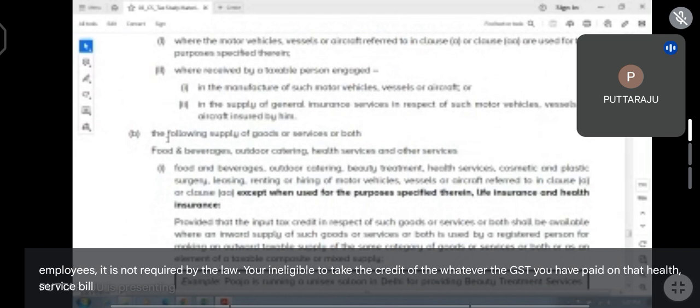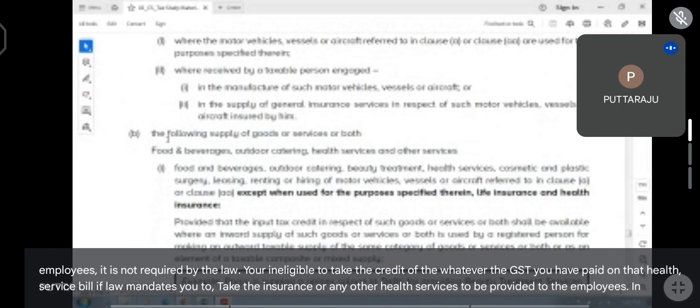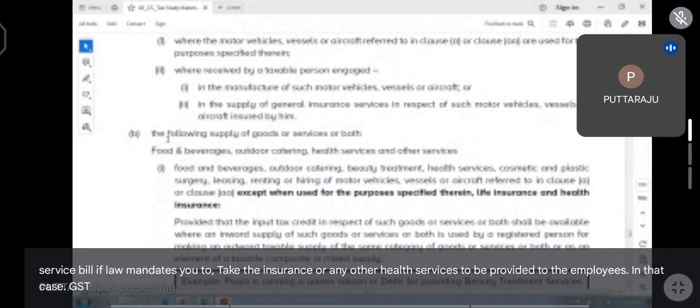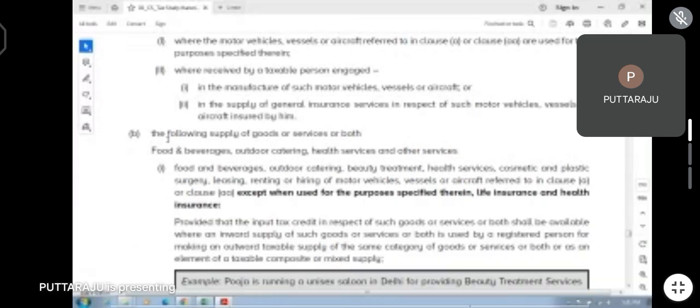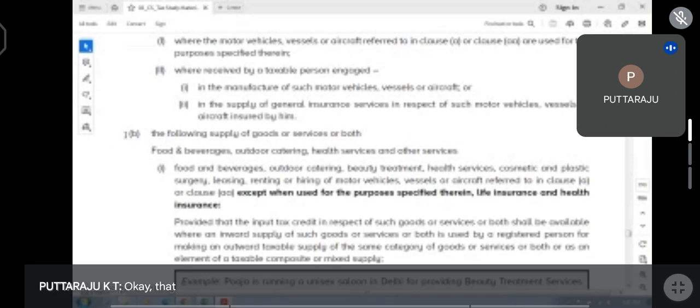If the law mandates you to take the insurance or any other health services to be provided to the employees, in that case, GST paid on them is eligible to be set off. Understanding, no? Okay, that is what is mentioned in clause B.